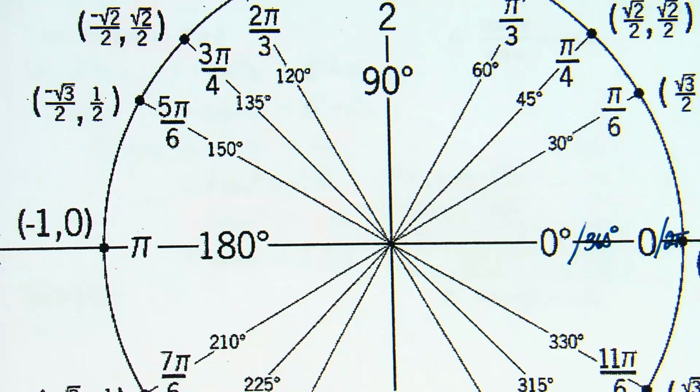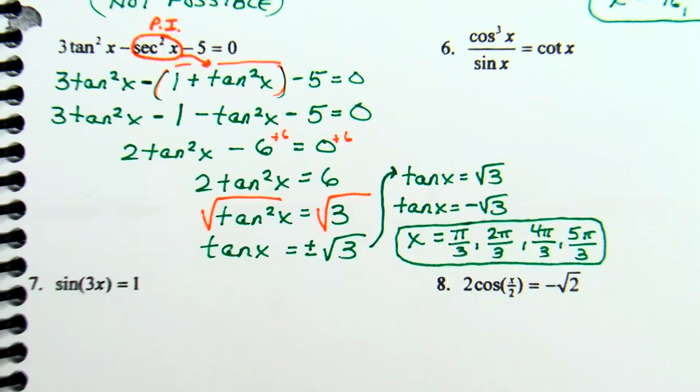Tangent equals in quadrant, we've got to think about All Students Take Calculus and how in different quadrants, we did it on number 1. On problem 1, when it was sine equals 1/2, we had to give 2 answers.